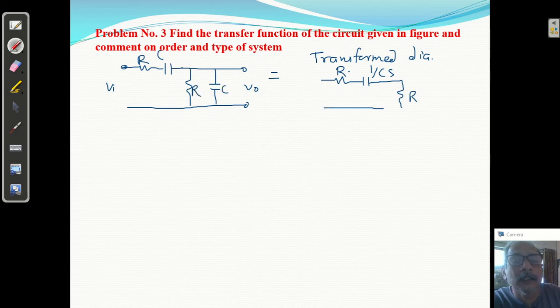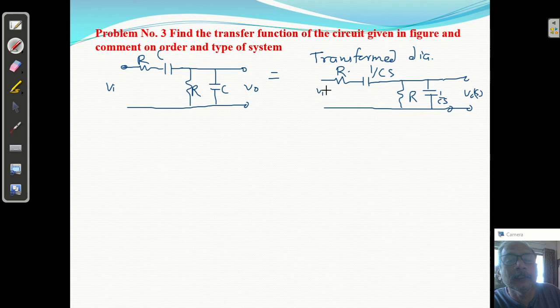So R will be R. This will become 1 upon CS, and this is V out of S. This is V in of S. Now you can say, if you want to find the transfer function, you can say these two are in parallel. You can make it 1. Similarly, these two are in series. You can make it 1.